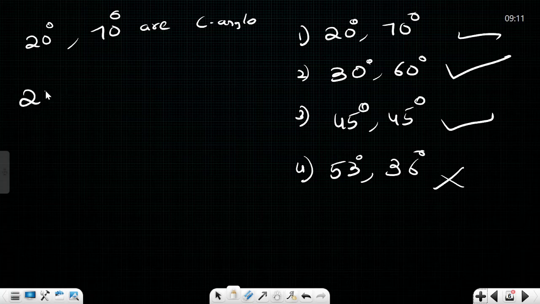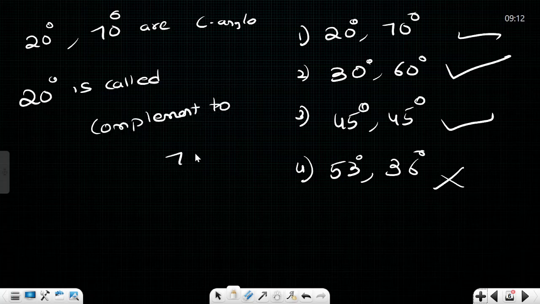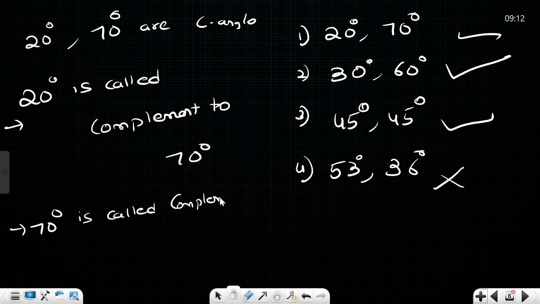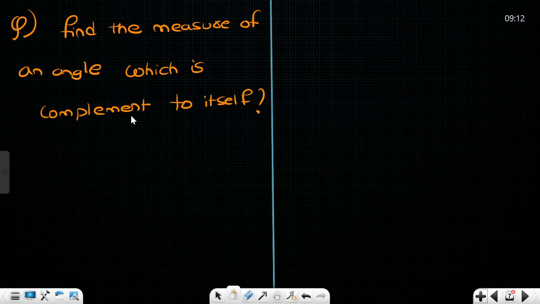Now 20 degrees is called complement to 70 degrees. That's how you relate them, and vice versa. 70 degrees is called complement to 20 degrees. You understood what is the meaning of complement to? Now, after understanding this, let's understand: find the measure of an angle which is complement to itself.